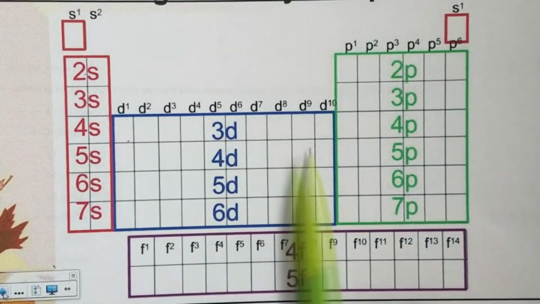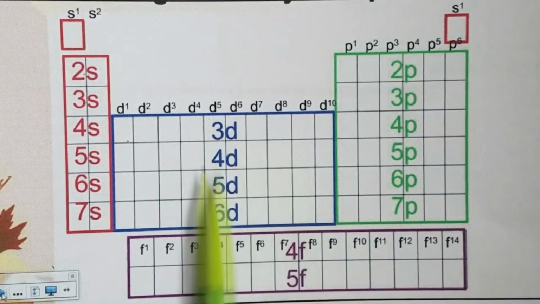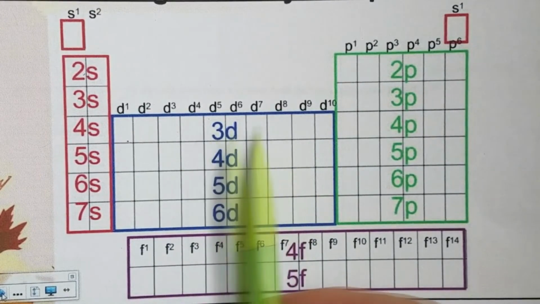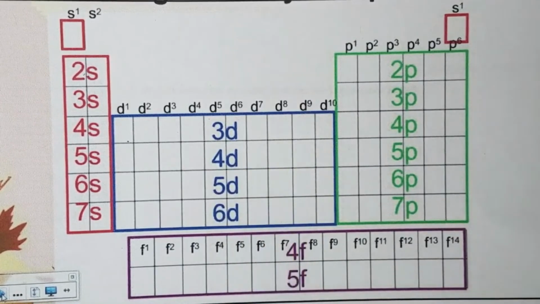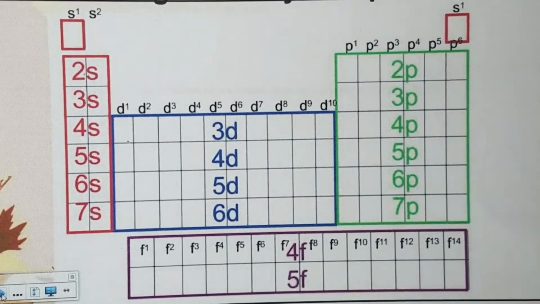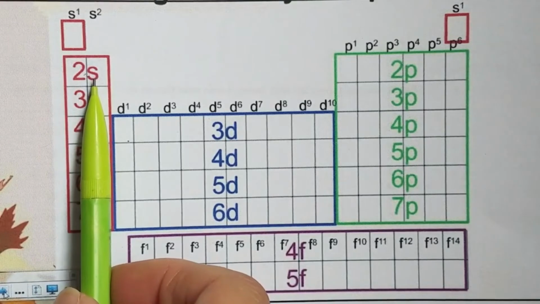And then those are the d blocks, all of the d electrons. You can only find them right here. And here's the f block. Again, that's l, the angular momentum quantum number.